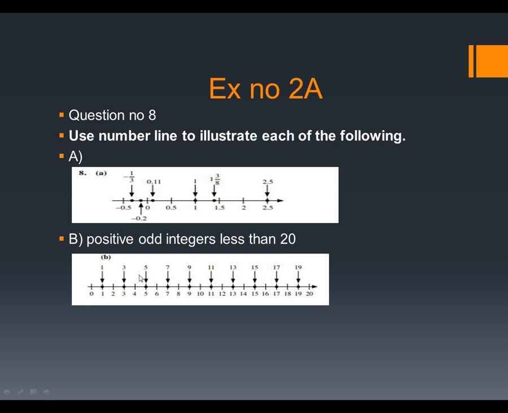And odd integers means only the odd integers: 1, 3, 5, 7. You can ask me why we didn't make the negative line. We just make it from 0 to 20. Students, he said positive odd integers, so we just have to make the line for the positive numbers.